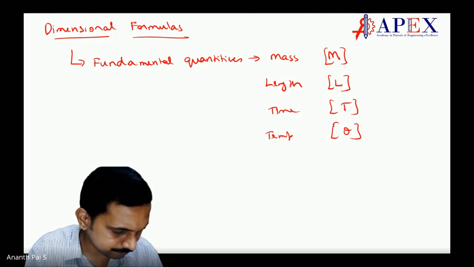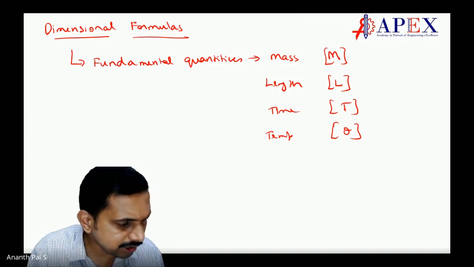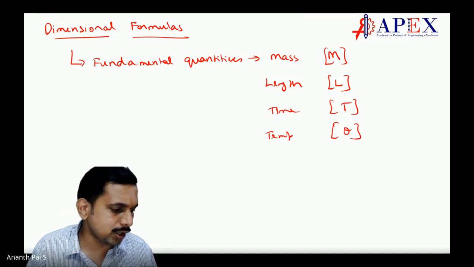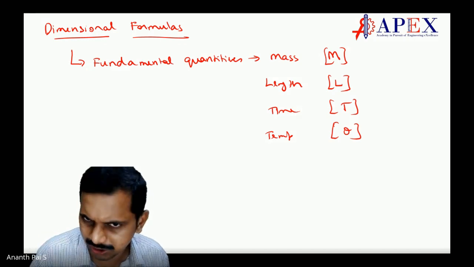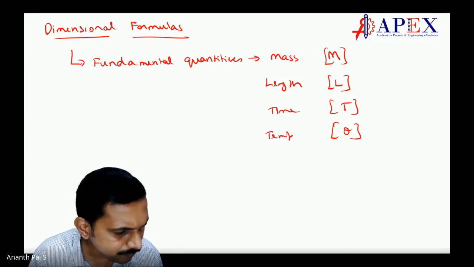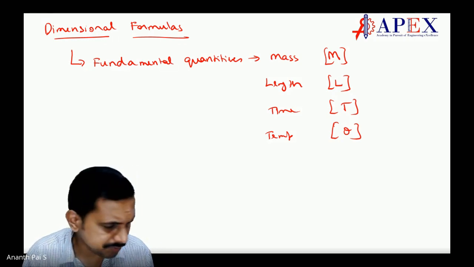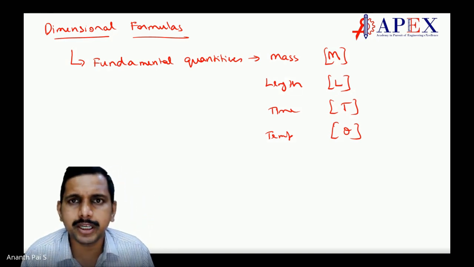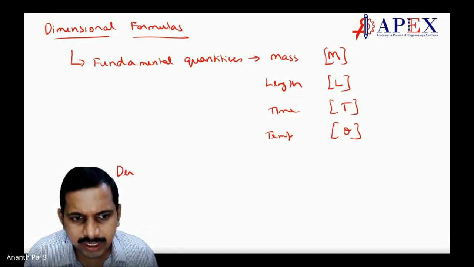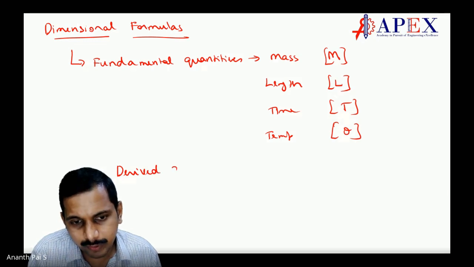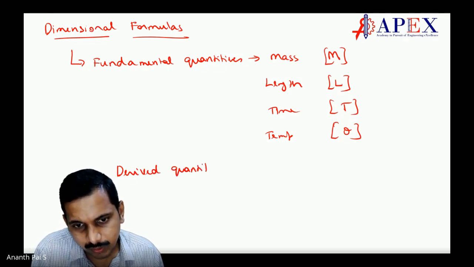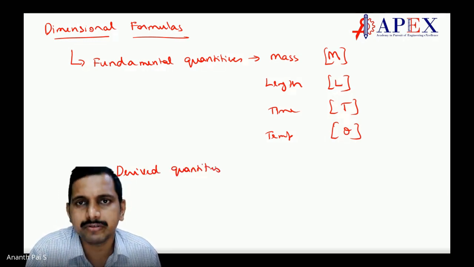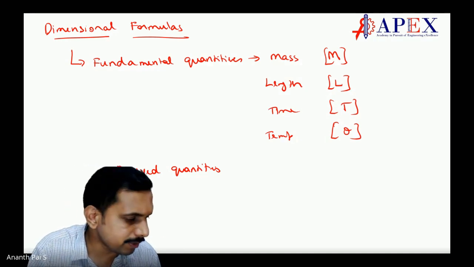Candela or current and all those things we will not consider. These are the only fundamental quantities we have. Based on these fundamental quantities, we can have derived quantities and dimensional formulas for them. Let us see one by one the derived quantities.